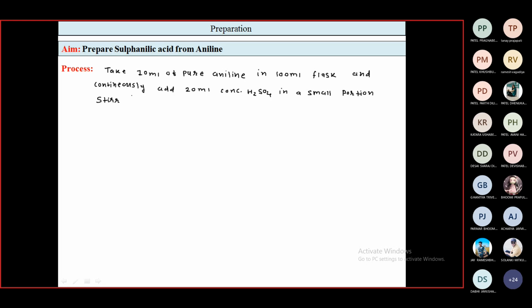Stir the solution gently during addition. Addition કરતા હોય ત્યારે stirring continuous રાખવું.